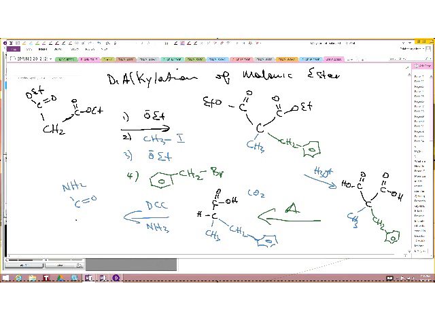So from the primary amide plus this here, supposing I tell you, starting with malonic ester, to make this molecule here.